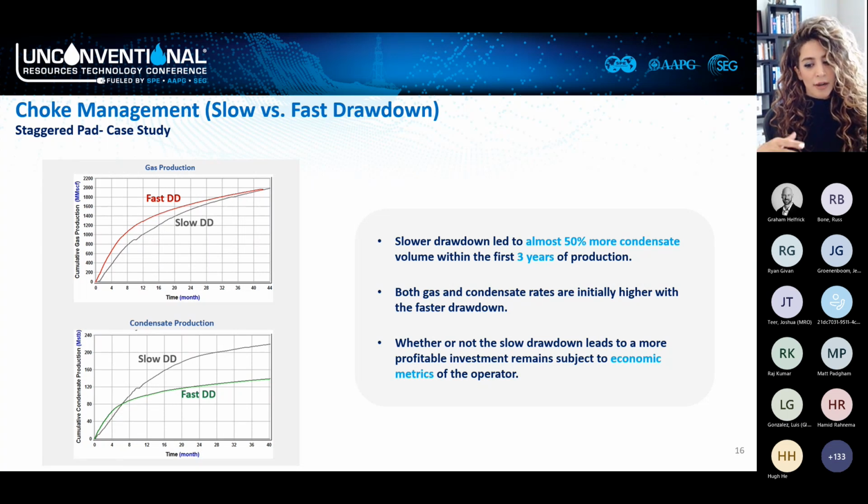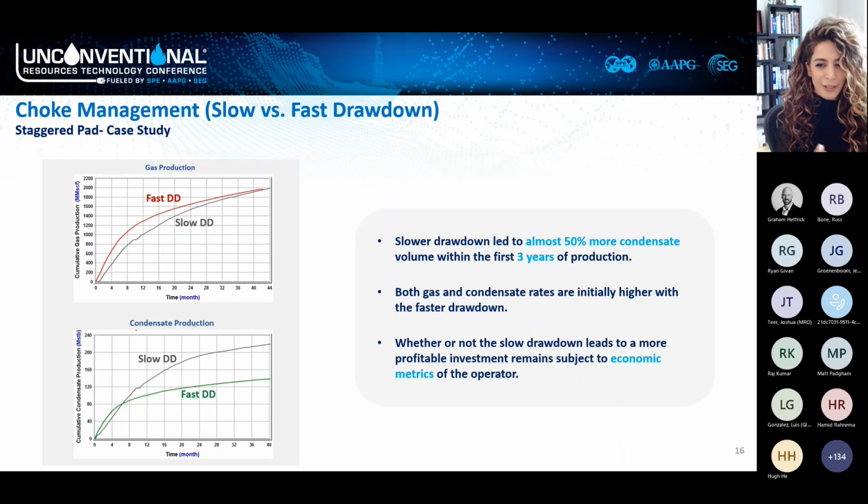But if you are more interested in long-term profitability, then we may take a second look at the slow drawdown and how the condensate and gas production are catching up and even getting more past the 3 years. And obviously, this is partially due to less damage left behind in the reservoir.